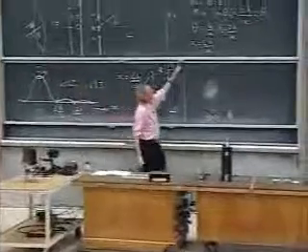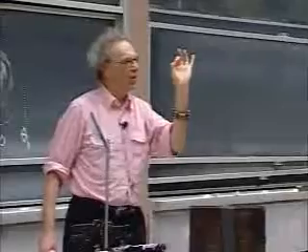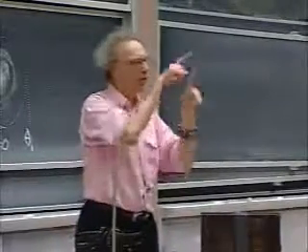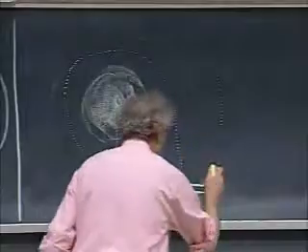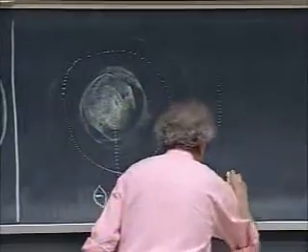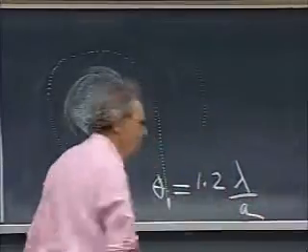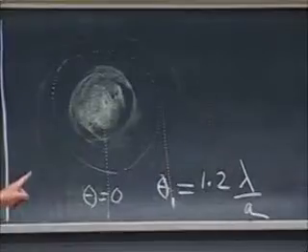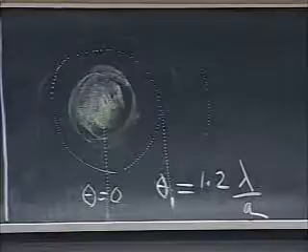You would think that that is lambda divided by A, if A is the diameter of your pinhole. Well, it's almost that. It is a little larger, because a circular geometry is different from a line. So take my word for it that it comes not at lambda divided by A, but at roughly 1.2 lambda divided by A. If you want to be picky, it's really 1.22 times lambda divided by A. And this, of course, is in radians again. I work now exclusively in radians, small angle approximation.